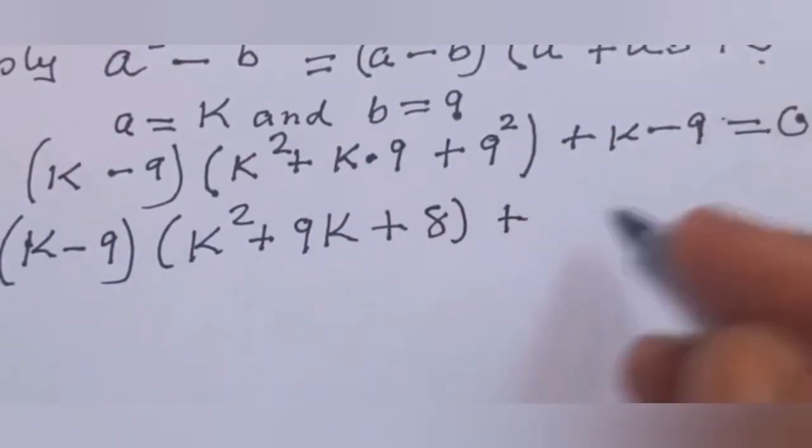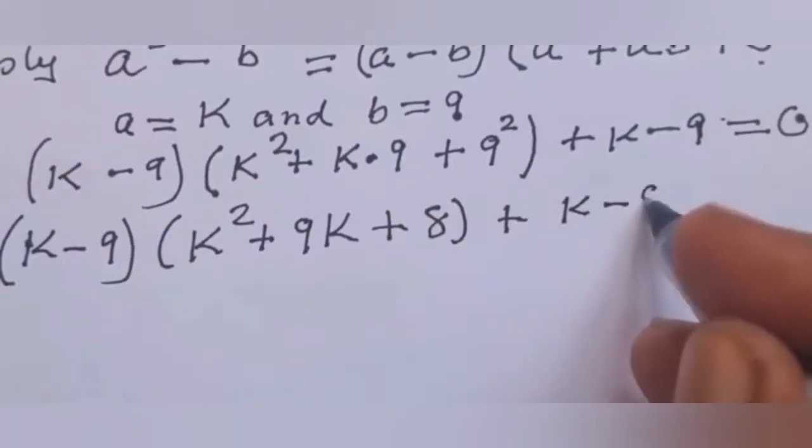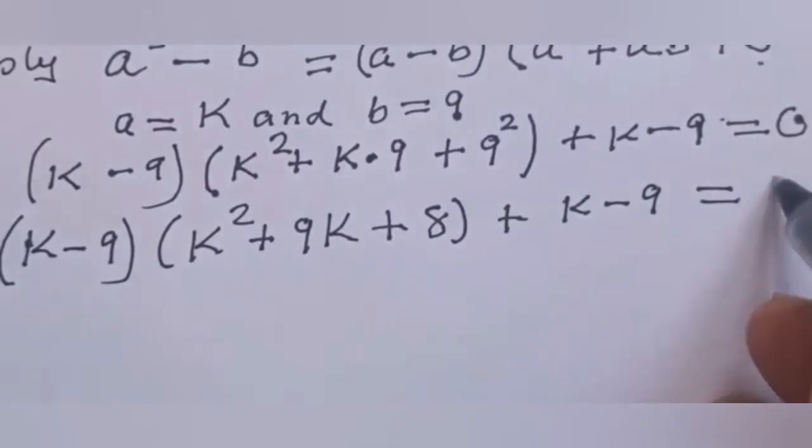Plus, here we can just write k minus 9 equals to 0.